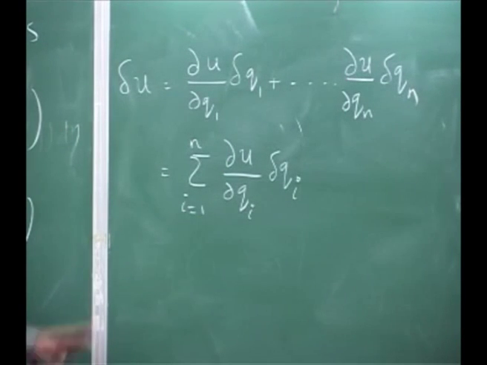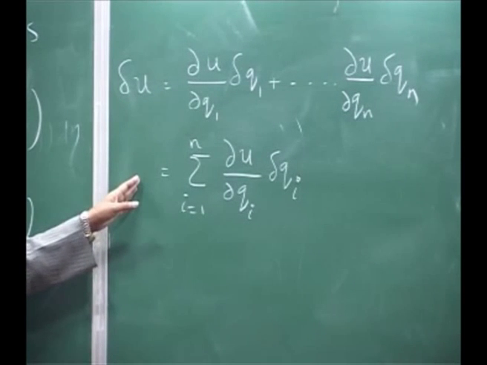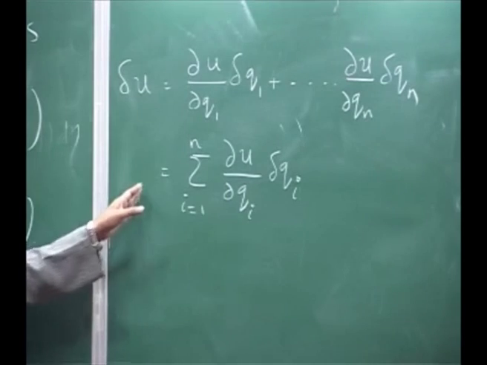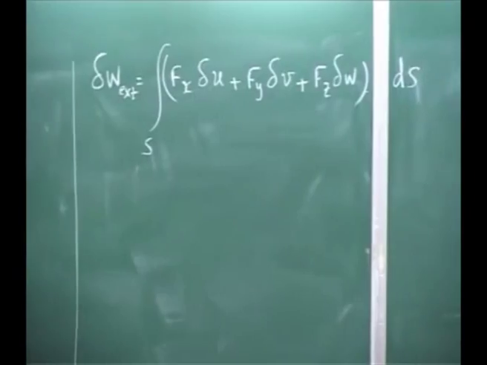Similarly, you can write for V, you can write for W, and take this and substitute here.